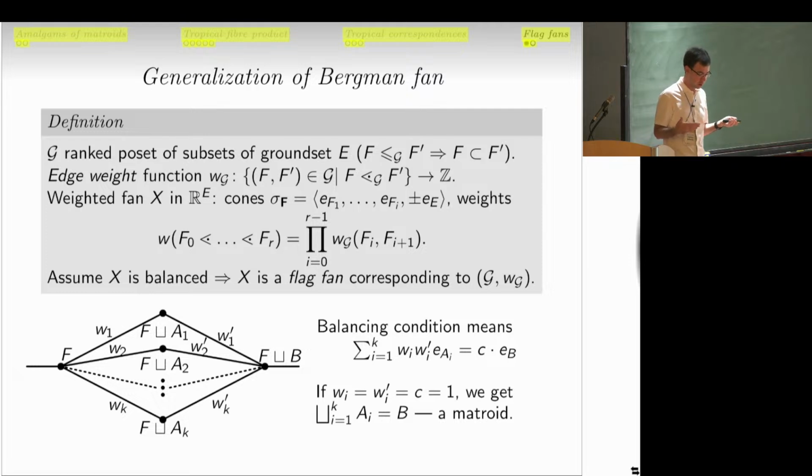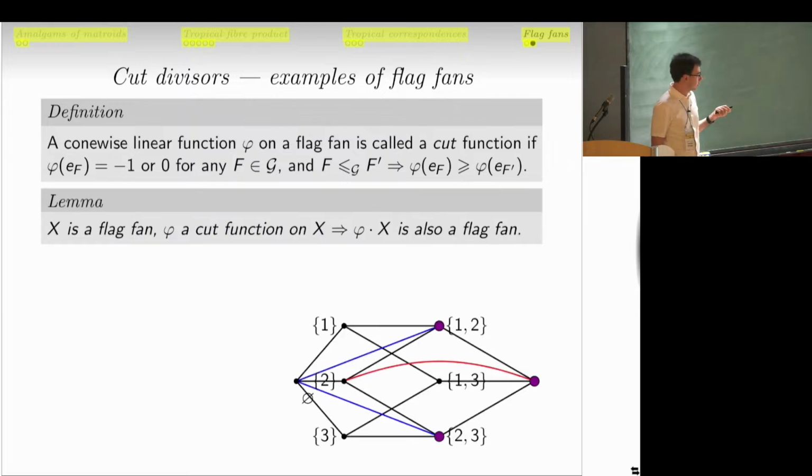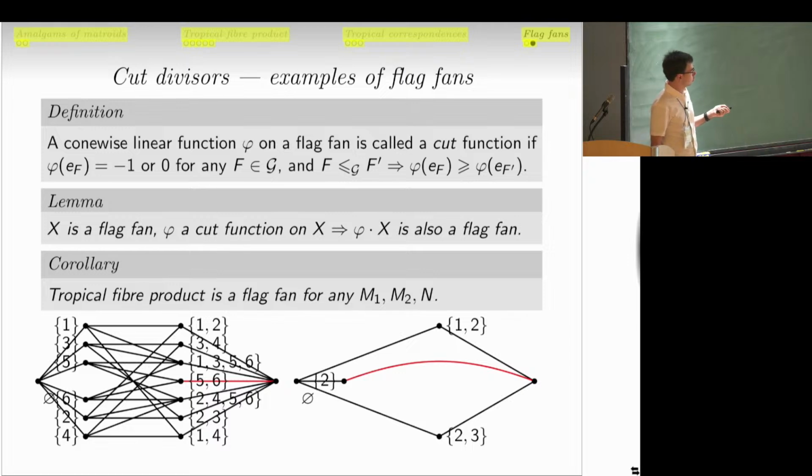They are ranked posets with submodularity conditions, but they're not actual geometric lattices, because they might have non-unique joins, or they might not have a join, because the set of things covering two flats may not have a minimal element.